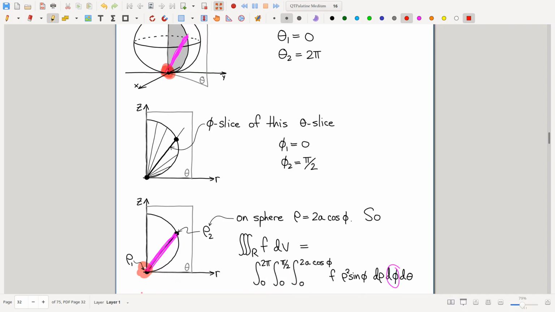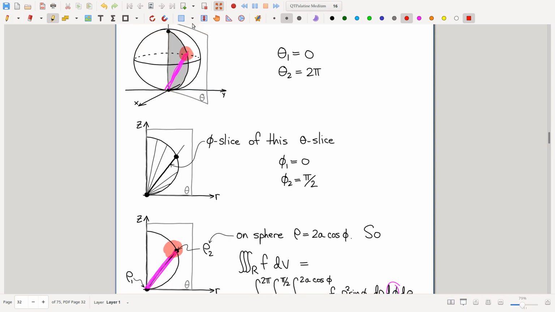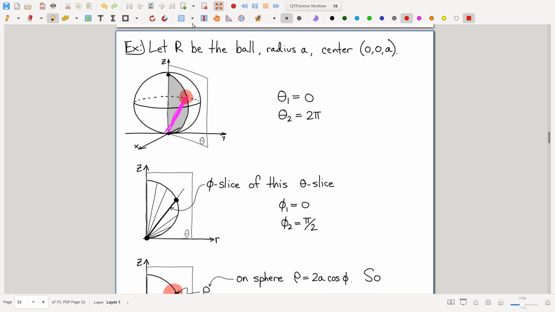And then we end here, which of course is really there. And wait a second, that point is on that sphere.